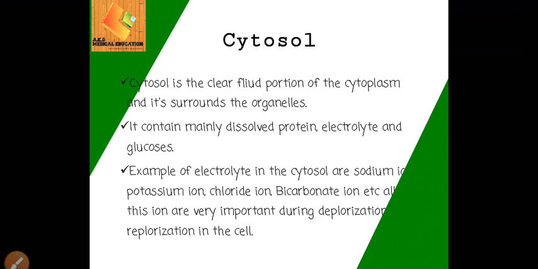For example, the production of protein, the packaging, and the transportation to the cell membrane for exocytosis. All these processes happen in the cytosol, in the cytoplasm, and the cytosol acts as a fluid medium to allow all these processes to occur.